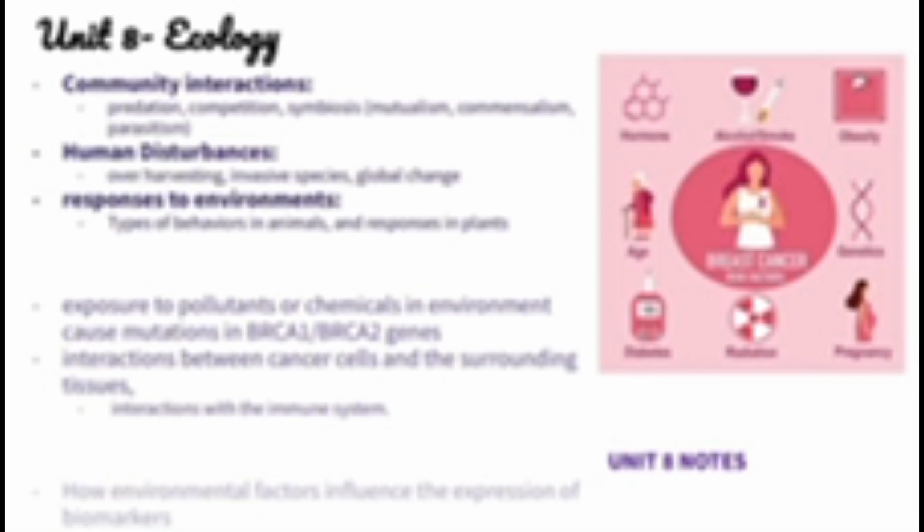And then the interactions between cancer cells and the surrounding tissues, like interactions with the immune system. This is definitely parasitism because the cancer cells are spreading uncontrollably and the immune system is shutting down.